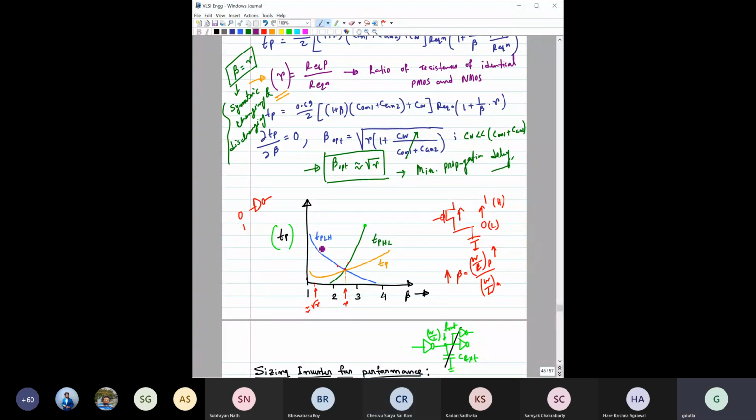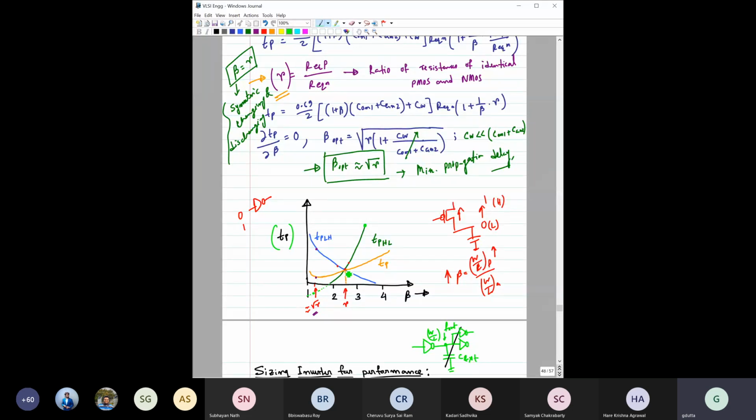Right, exactly. See here, this is root R. For root R, this is the TPLH, and this would be the value of TPHL if I had plotted it. See the difference between TPLH and TPHL. That is huge.